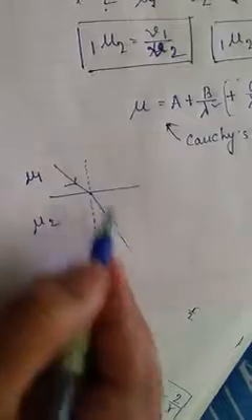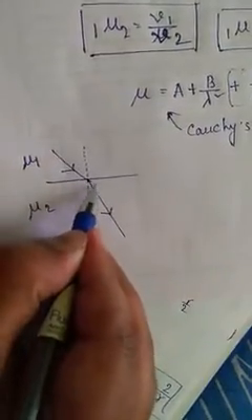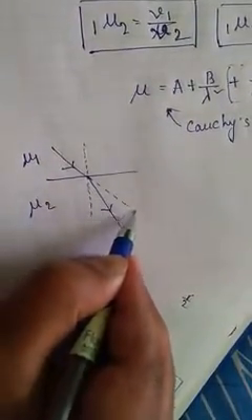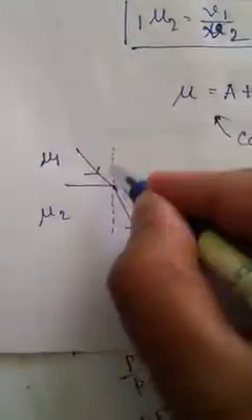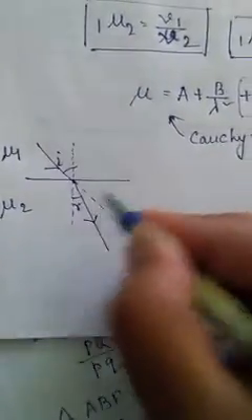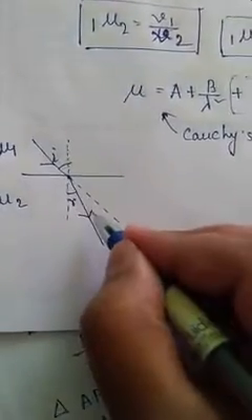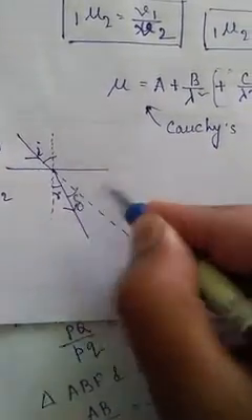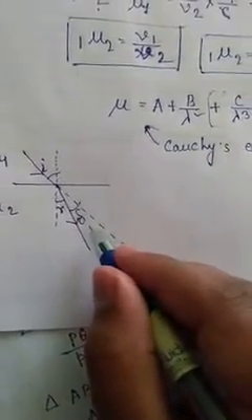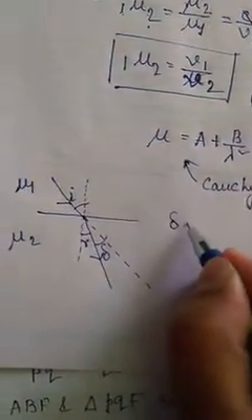If the medium isn't here, the light can go along this straight path, but just look at this, the light deviated from its path. Let's say this is I and this is R. The light deviates from its path by an angle delta. This angle delta is known as the angle of deviation.